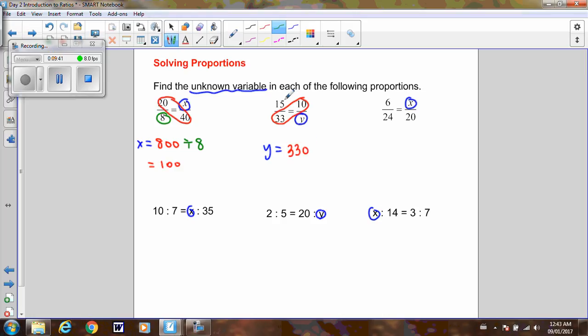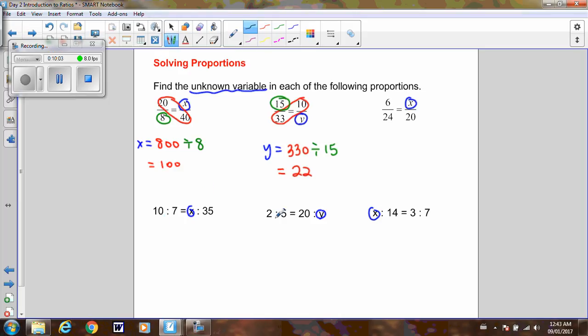And then you take the other number that's left over and divide 330 by it. So, sorry, divide by 15. And if you do that, you're going to get y is equal to 22.